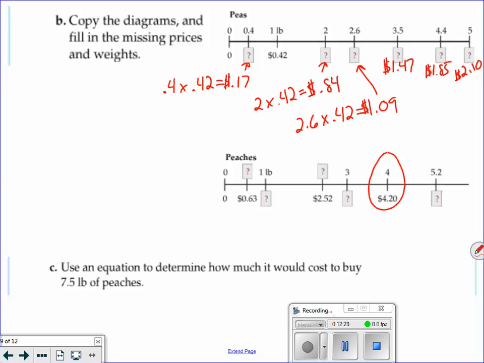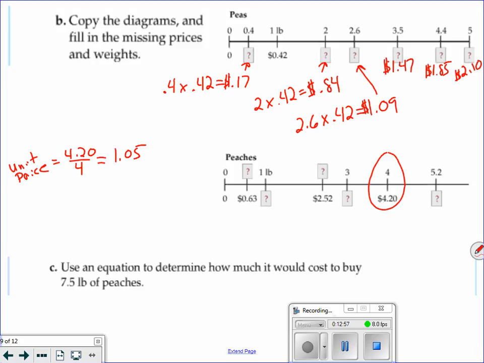So what we need to do to get the unit price is take the $4.20 divided by 4, and that is going to give us 1.05.